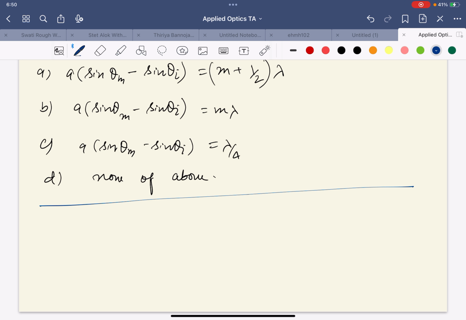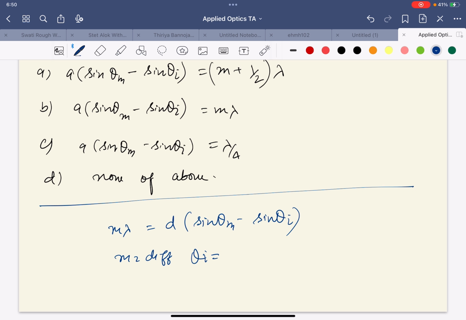The grating equation is given by m lambda equal to d (sine theta m minus sine theta i), where m is the diffraction order, theta i is the incidence angle, theta m is the angle of diffraction, lambda is the wavelength, and d is the grating spacing, that is the distance between adjacent slits on the grating.